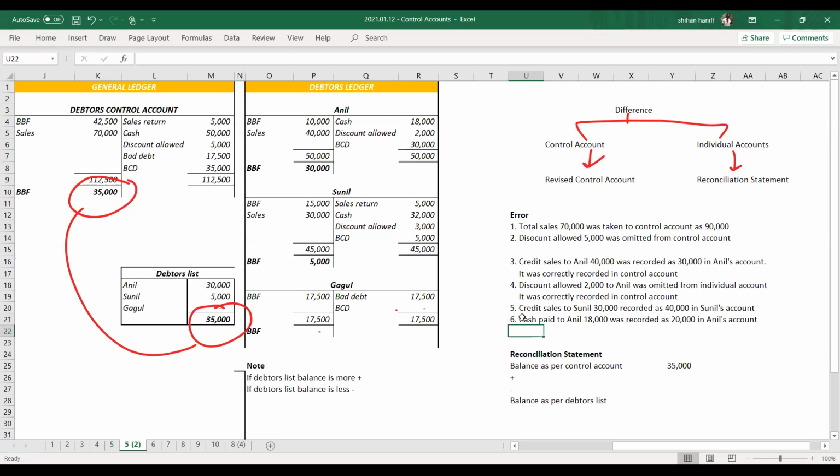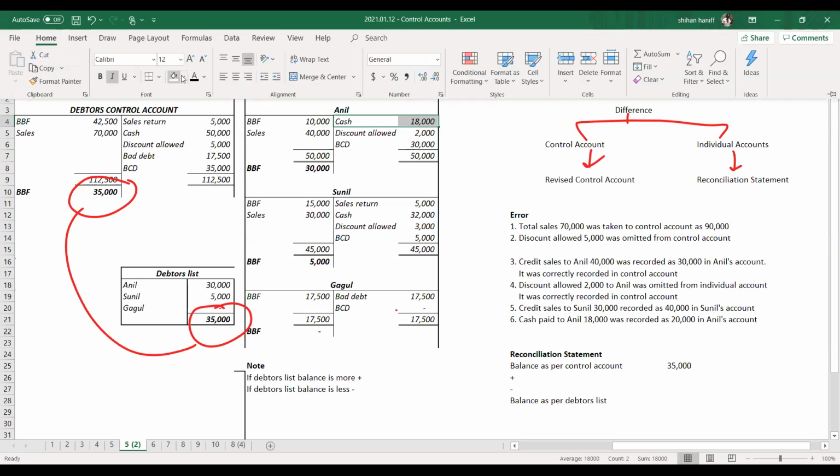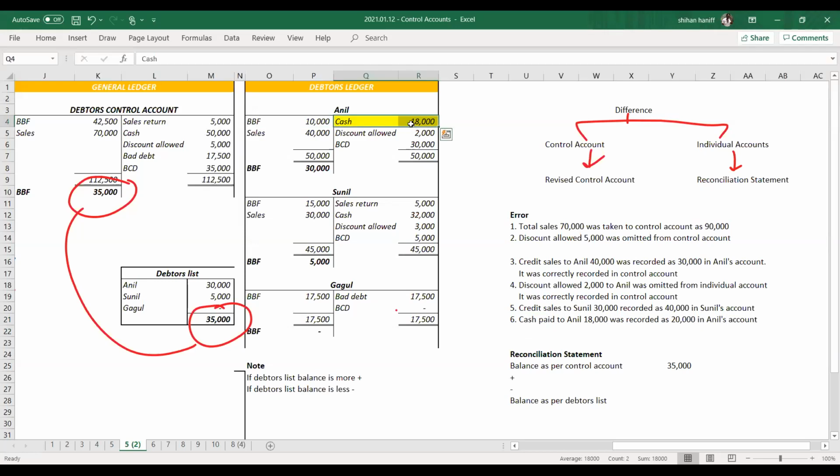What do you do? 18,000 was recorded as 20,000. Plus or minus? Plus or minus?